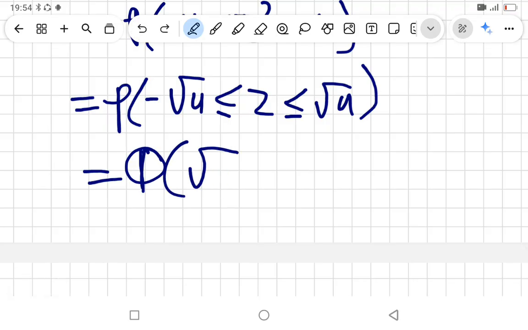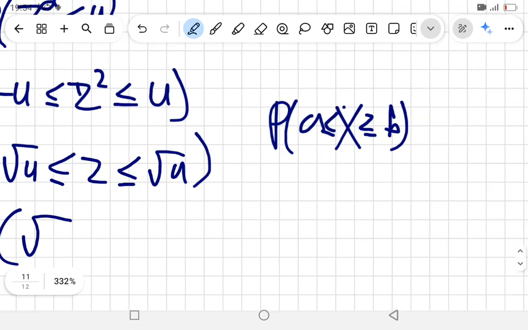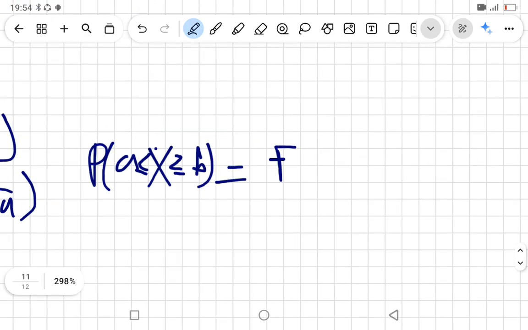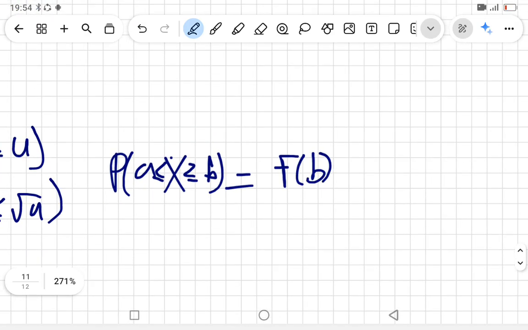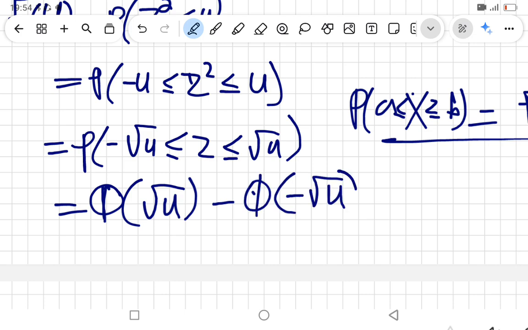When you are having something like this, we know that this will be equal to the function of b minus the function of a by property. So it's equivalent to this.